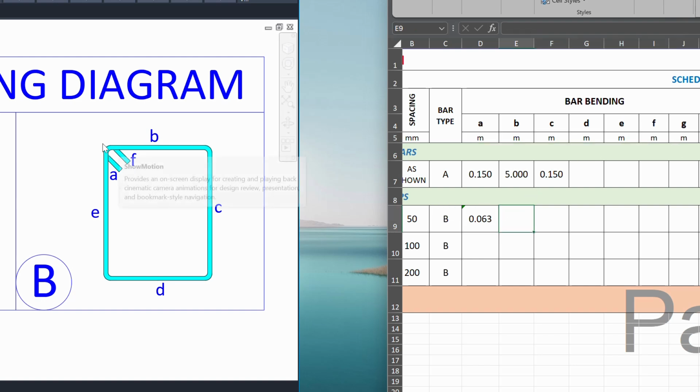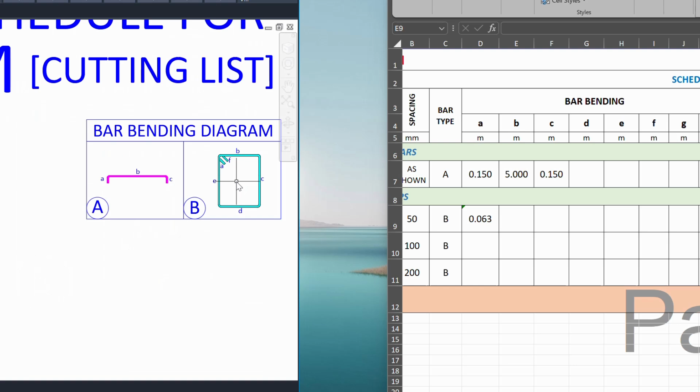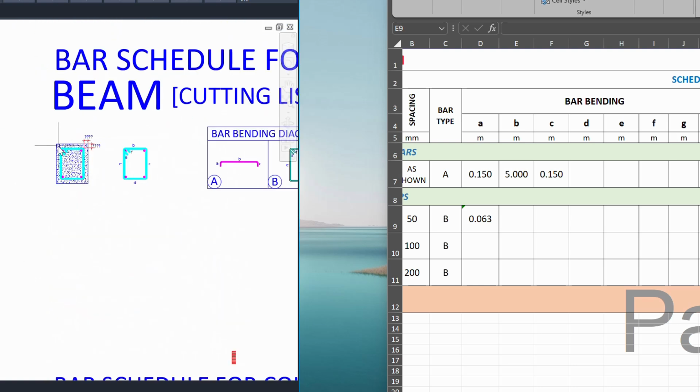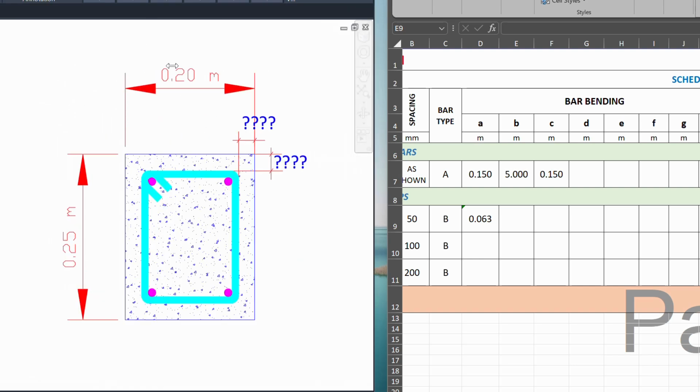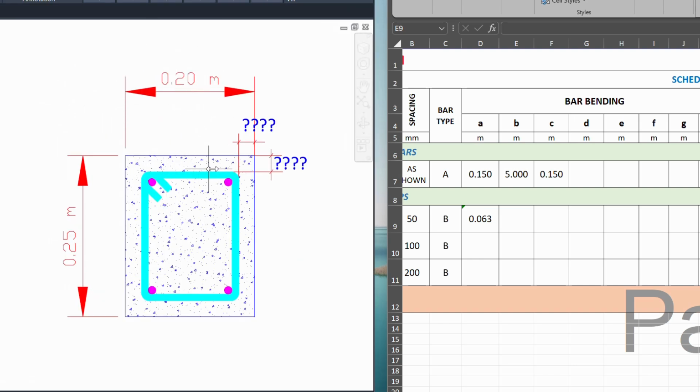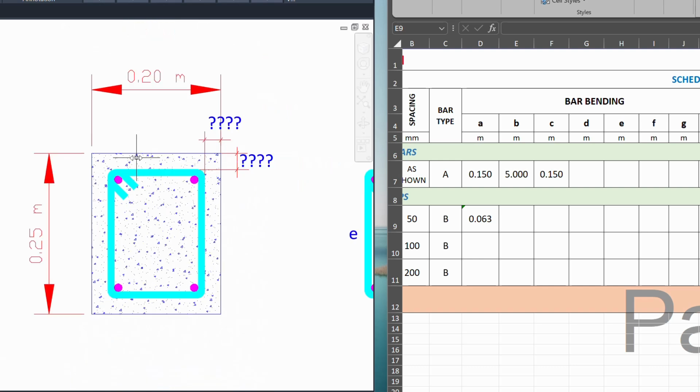And then B, how long is this B? Our beam is 0.20 and 0.25 for the depth. Our B is here, 0.20 meter. But this is our concrete cover. For a beam, what is the minimum concrete cover?